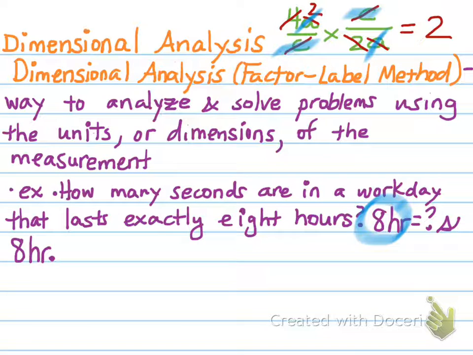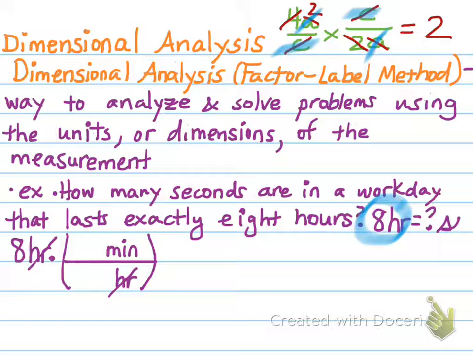Now again, I'm treating my units like their dimensions, like I want them to cross out like algebraic letters. So I need to put hours on the bottom. I'm trying to go to seconds. What's something I know pretty easily about hours? I know about minutes. I probably don't know off the top of my head how many seconds are in an hour. Okay, so notice my hours have crossed out, and now I have something in minutes.